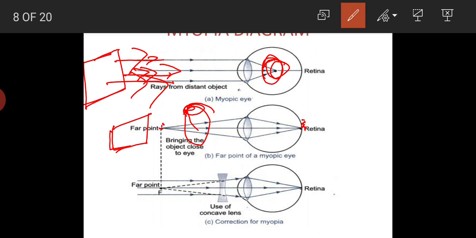Now, in order to see these objects clearly which are present beyond the far point, we will use a concave lens. A concave lens will be used to correct this defect. For example, if an object is present here after the far point, then if you use a concave lens, it will diverge these light rays such that they meet on the retina and you can see the object which is present after the far point.